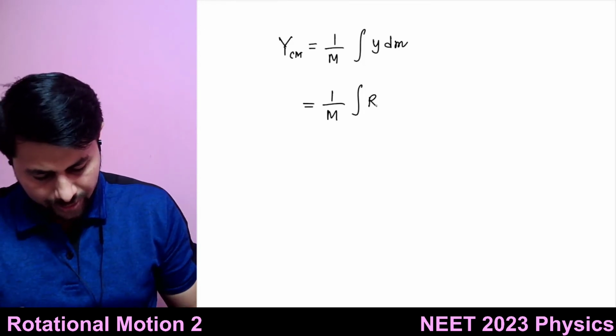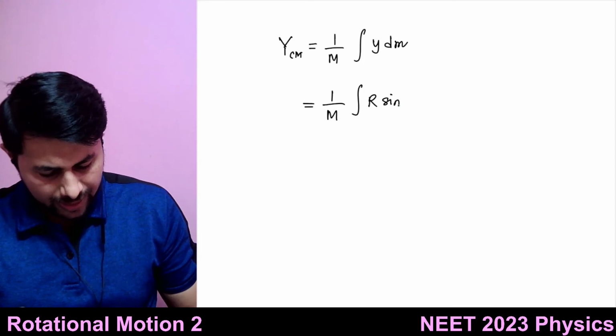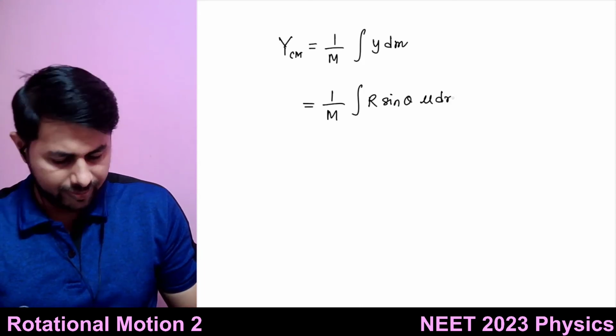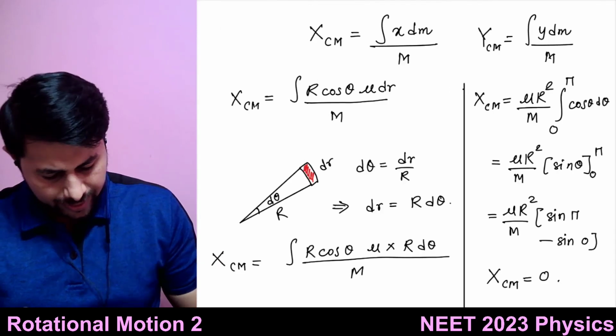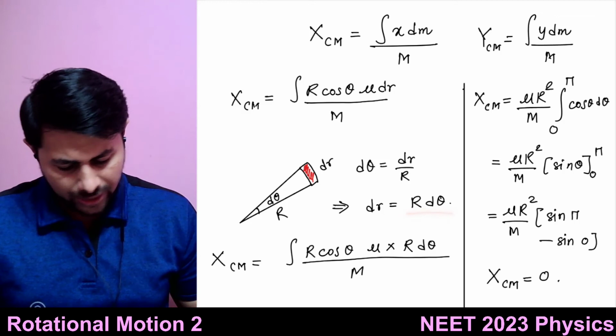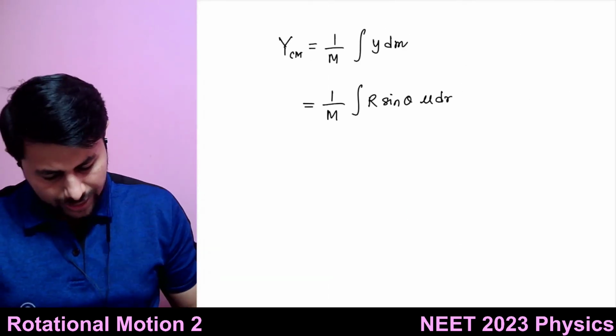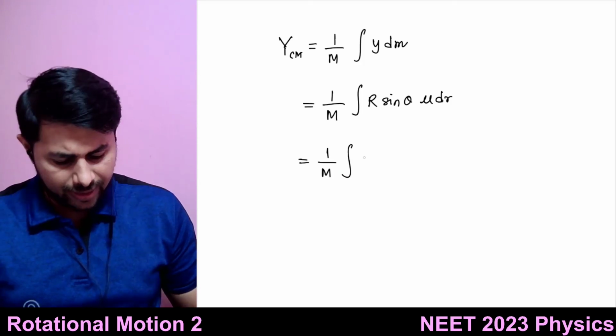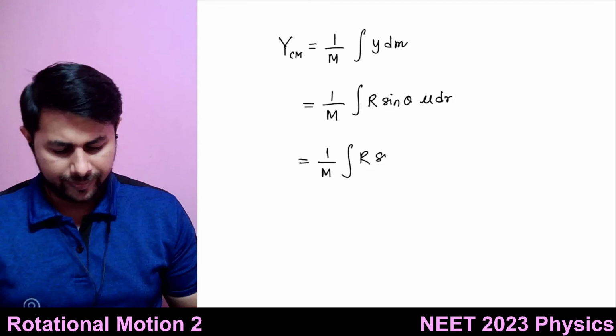So we have 1 upon m multiplied by r sin theta multiplied by mu multiplied by r d theta. Taking mu r square out, it is mu r square divided by m multiplied by the integral of sin theta d theta from 0 to pi.